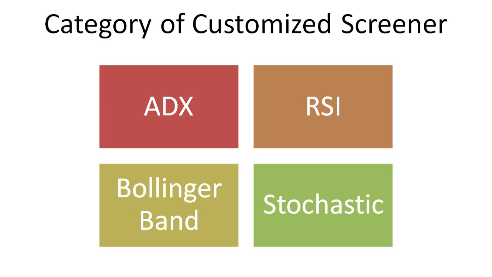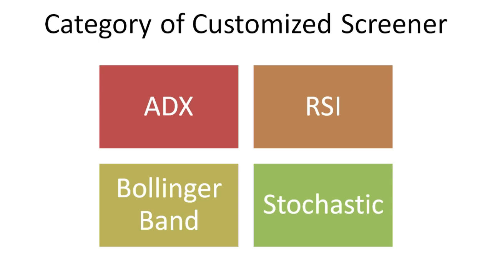These four are sufficient to give you the basic idea, or you can identify any behavior in the stock, whether the behavior is overbought or oversold, consolidation, or trending. You can easily identify this by these four indicators. So let's start the customized screeners for stock filtration.